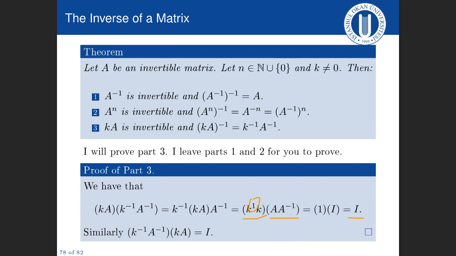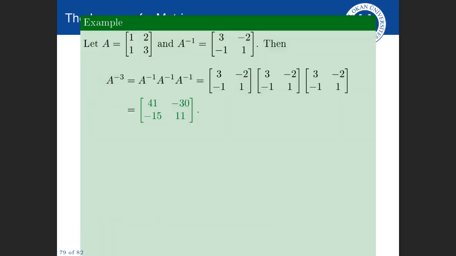You can do the same thing for 1 and 2. For example, if A is the matrix 1, 2, 1, 3, I leave it for you to check that A inverse is 3, -2, -1, 1.